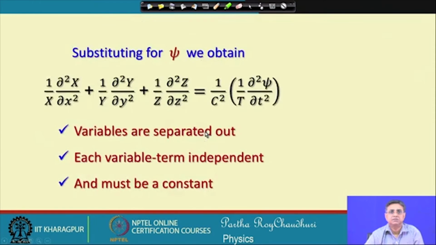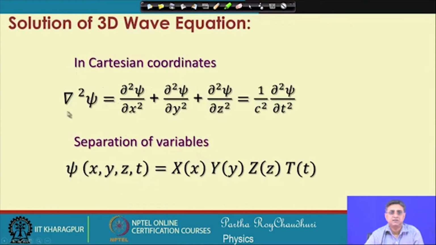In this system, the Laplacian is represented by del square by del x square plus del square by del y square plus del square by del z square. So, in this Cartesian coordinate system, we can write the wave equation in this form, that the three components equal to 1 by c square and the double derivative with respect to time.